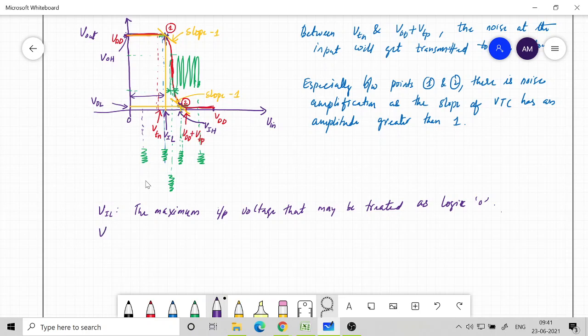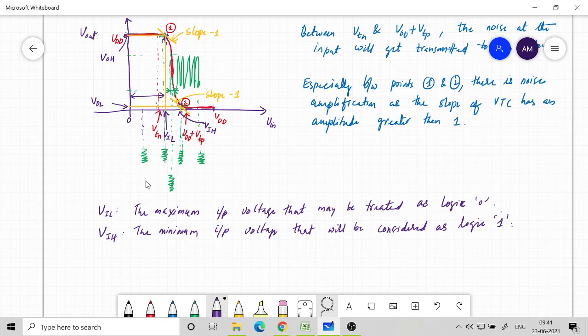And similarly VIH is the minimum input voltage that will be considered as logic 1.